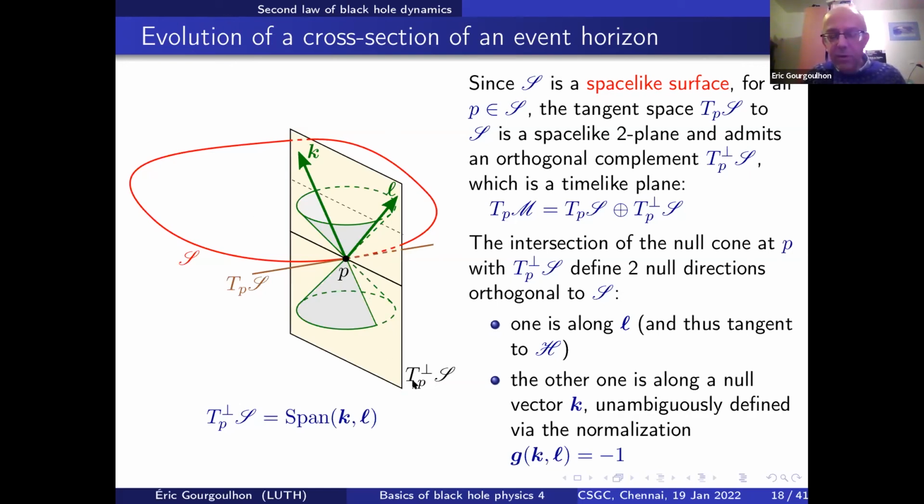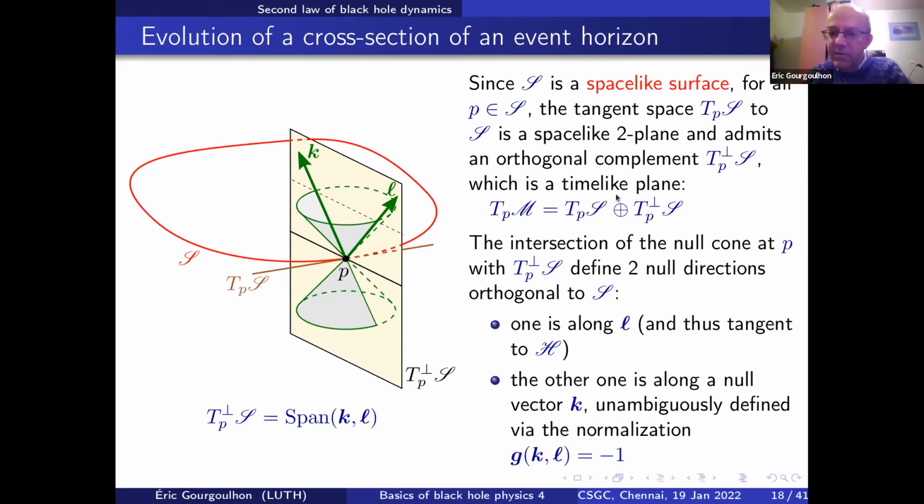And we have the orthogonal complement. Here, the two dimensions are respected in this plot. And actually, because the surface is space-like, the two parts are two-dimensional.